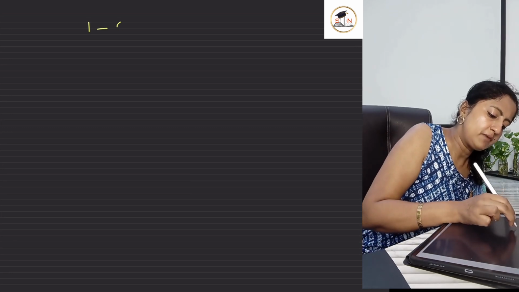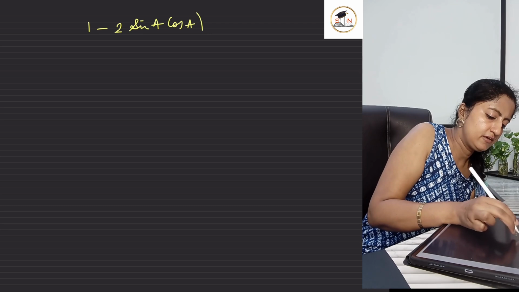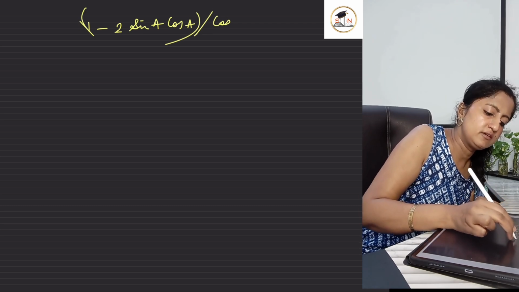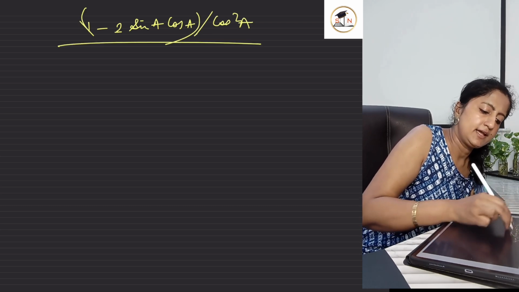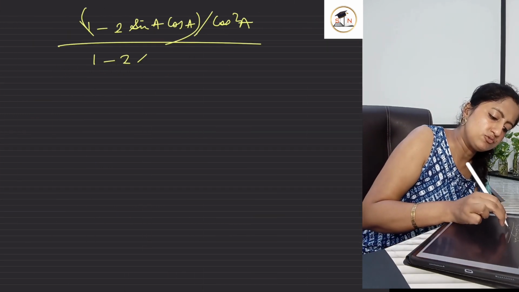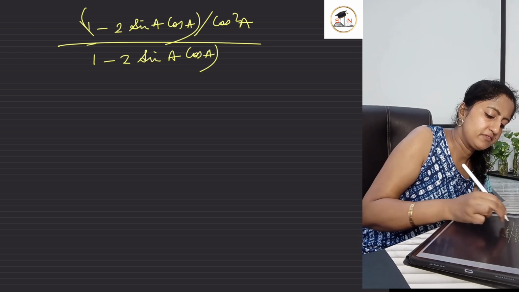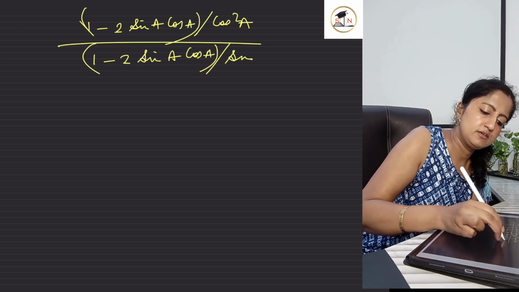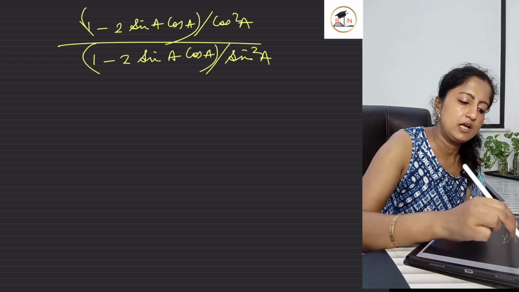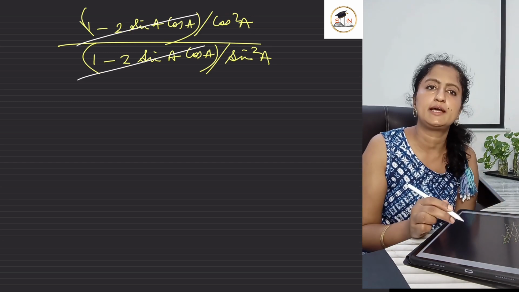We get 1 minus 2 sin A cos A, whole divided by cos square A. And similarly, in the denominator, we will have 1 minus 2 sin A cos A, whole divided by sin square A. And now we can see these brackets are the same, so they cancel out.